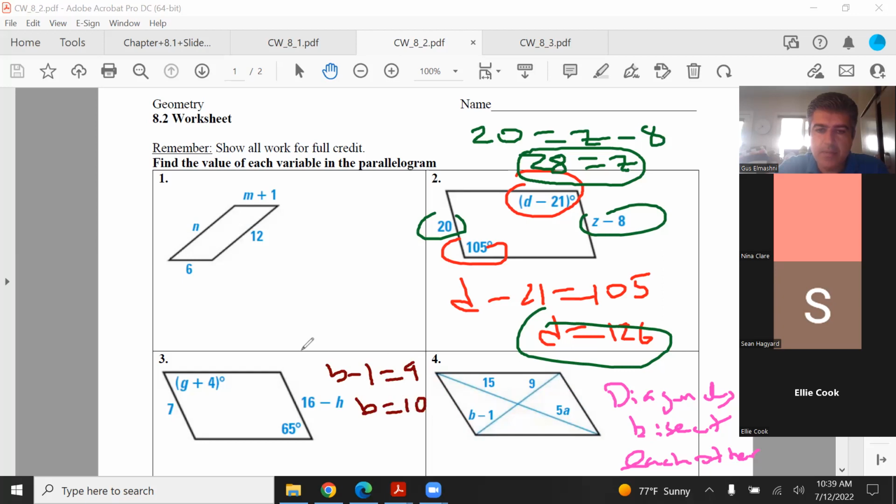So b equals 10. And then 15 equals 5a, so a equals 3. So this is the same as this, and b minus 1 is the same as 9. So diagonals bisect each other and you just solve. Questions?